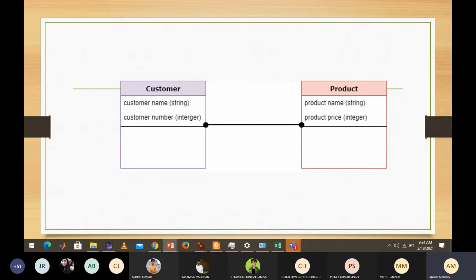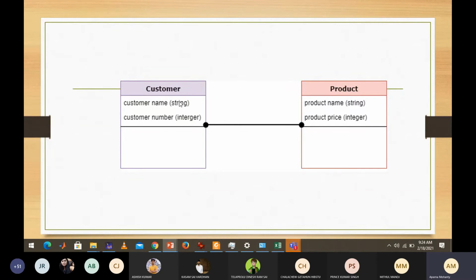Are you able to understand now? Can you find out the difference? You are imposing a constraint that this attribute has to be a string in both of them, and this attribute has to obviously be a number, because you are talking about the customer number or the product price, so this has to be an integer. Is it clear?